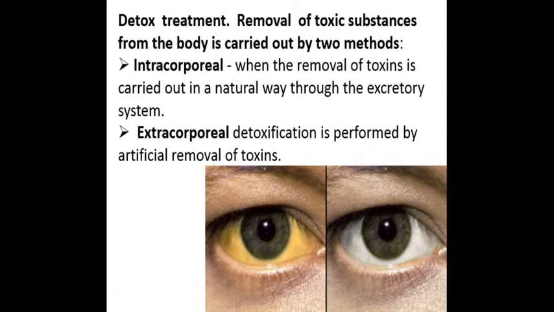And detox therapy. Removal of the detox substance from the body is carried out by two methods. It is intracorporal, when the removal of toxin is carried out in the natural way through the excretory system.